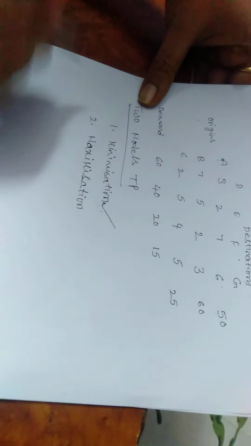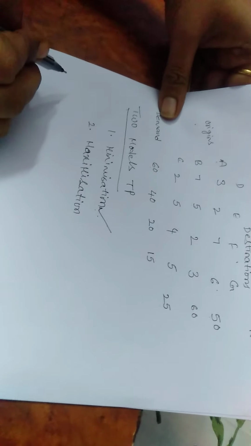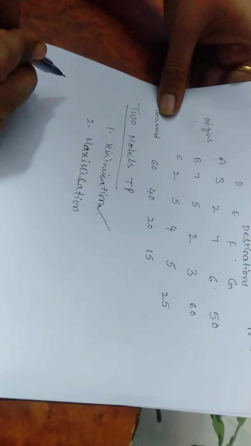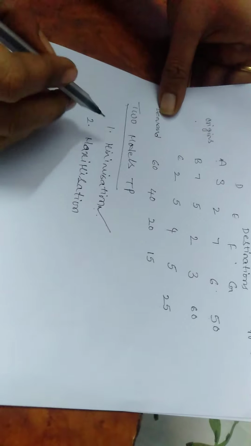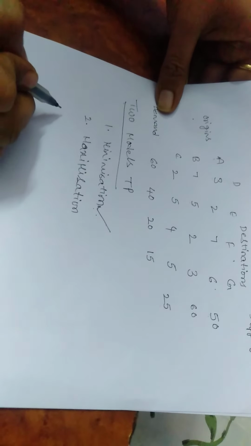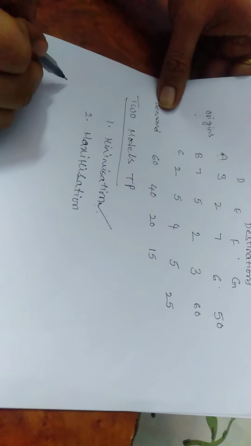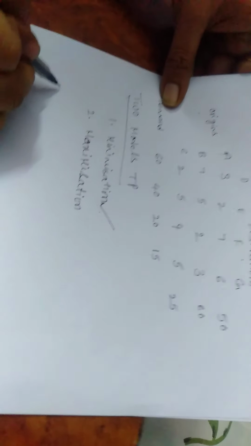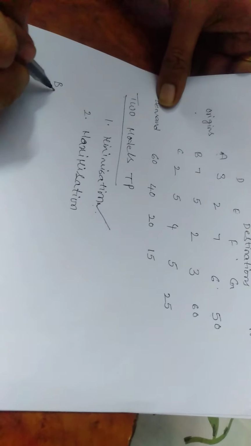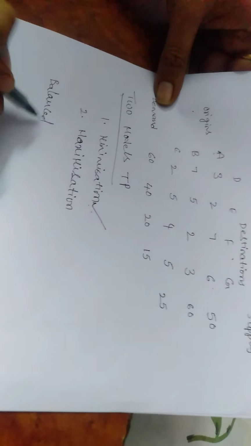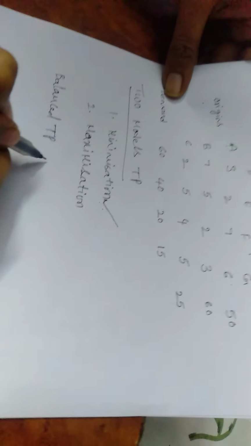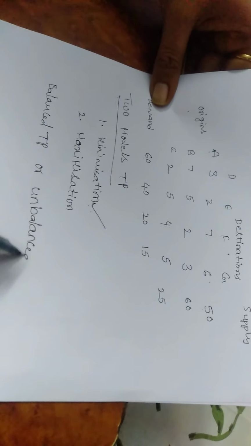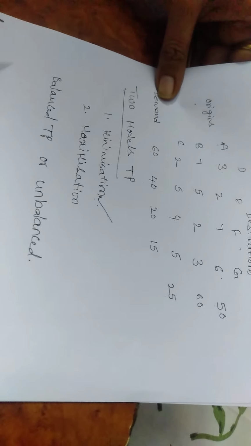And one more thing we have to consider: while solving the transportation problem, we need to observe two things. First, observe whether it is a balanced or an unbalanced transportation problem. This thing we have to observe.